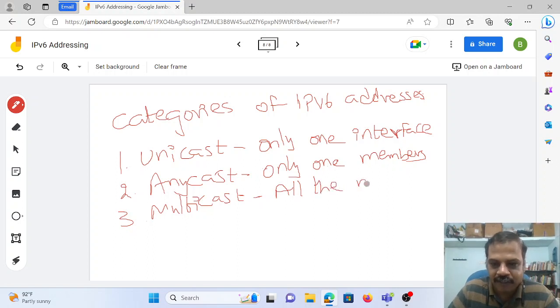This is called multicasting. Suppose you have 10 members in a group, if all 10 members receive the data, it comes under multicasting. If you have 10 members in the group but only one member gets the data, that comes under anycasting. And unicasting does not aim at a group.